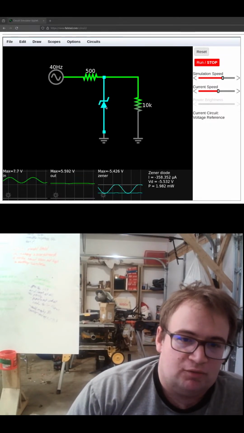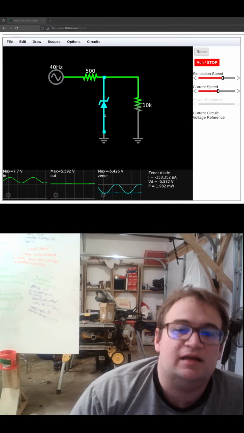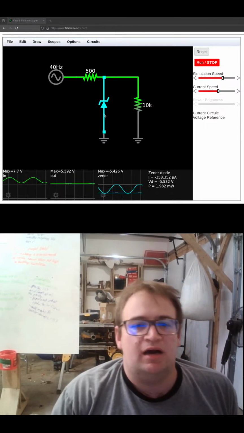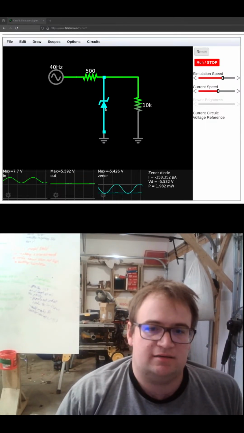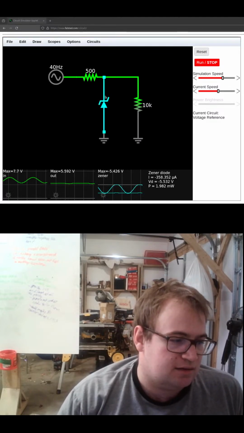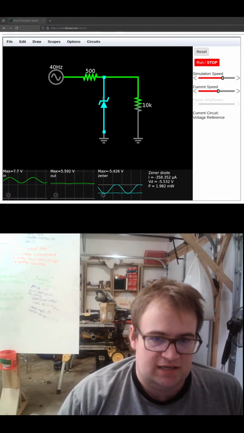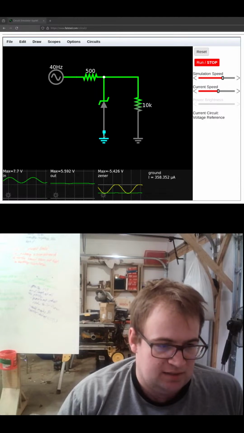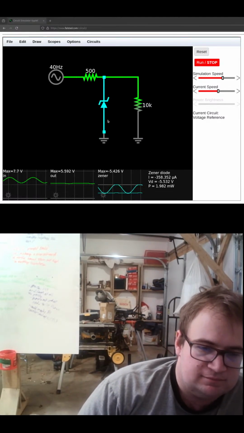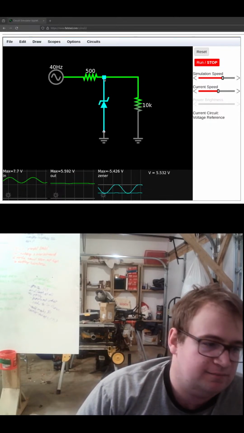Anyways, what a Zener diode will do is it will conduct in the opposite way. Most diodes won't conduct this way, right? They will block the current that way. But a Zener diode will conduct current this way, and then the voltage will be held right at that point.